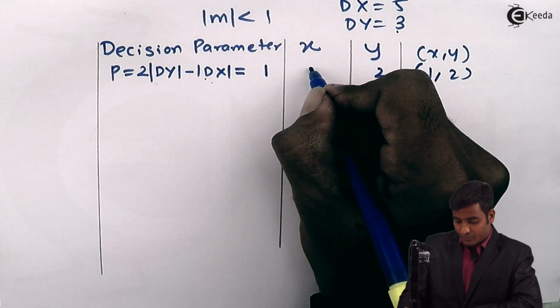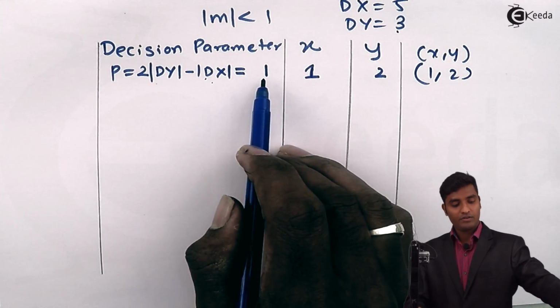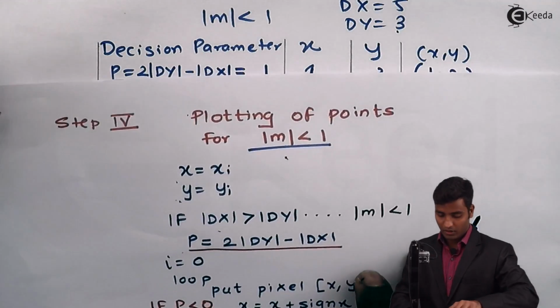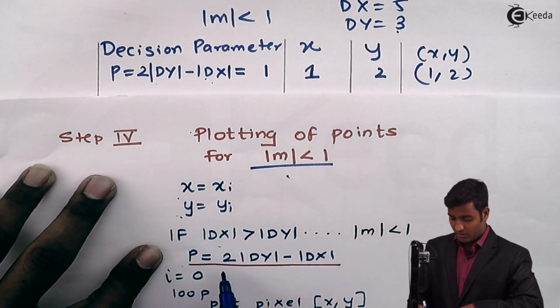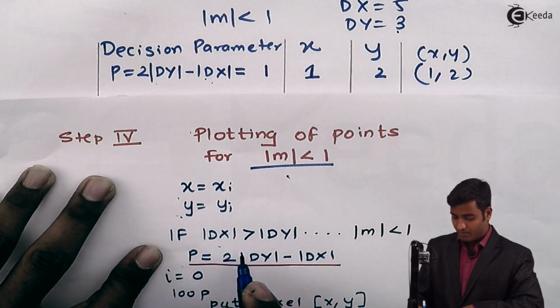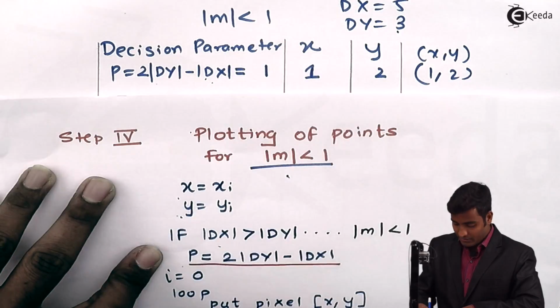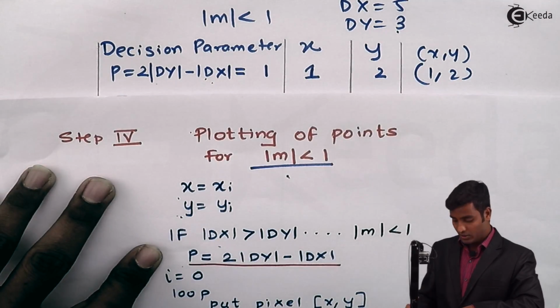Since the value of the decision parameter has come out as 1, this condition I will use, that is p greater than 0.